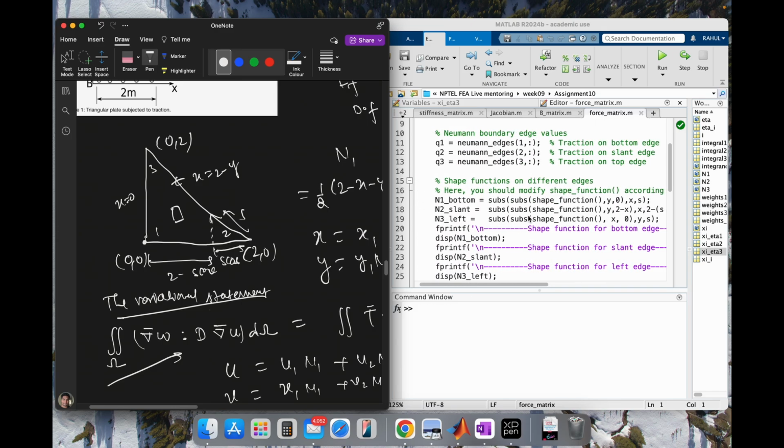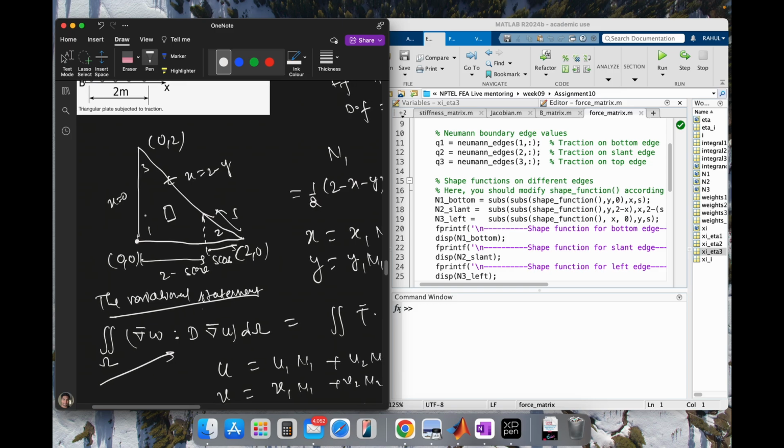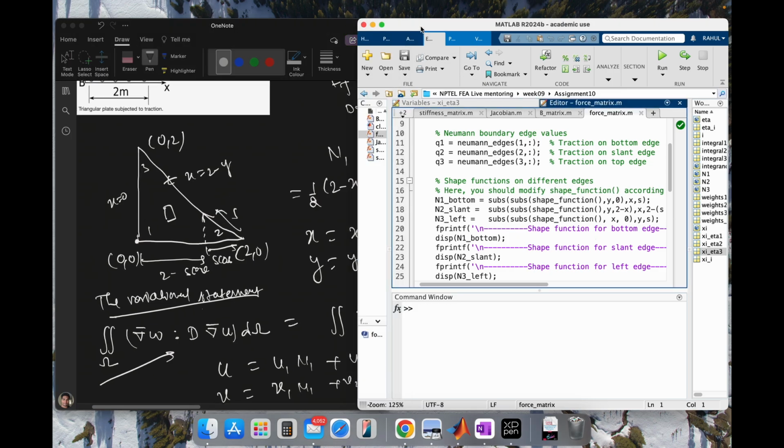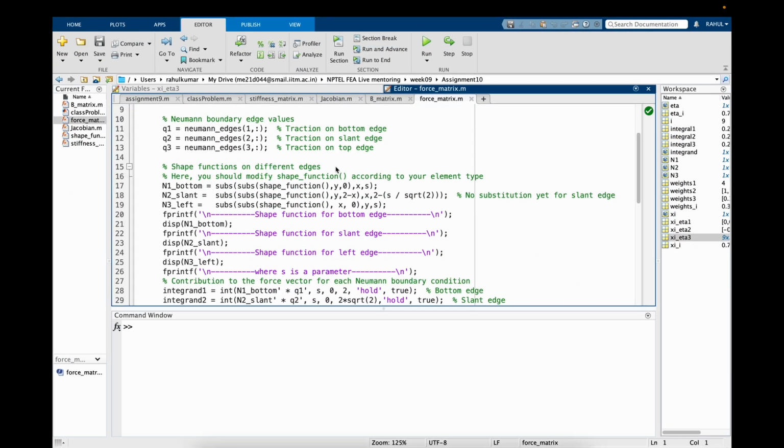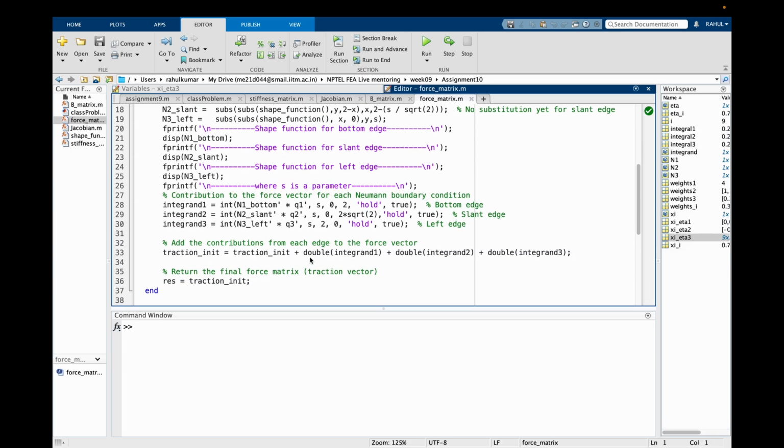Okay, and for the left edge, x will be equal to 0, and it will be integrated along the y axis. So you can see that this is the integration on edge 1, this is the integration on edge 2, this is the integration on edge 3, and then it will be populated.